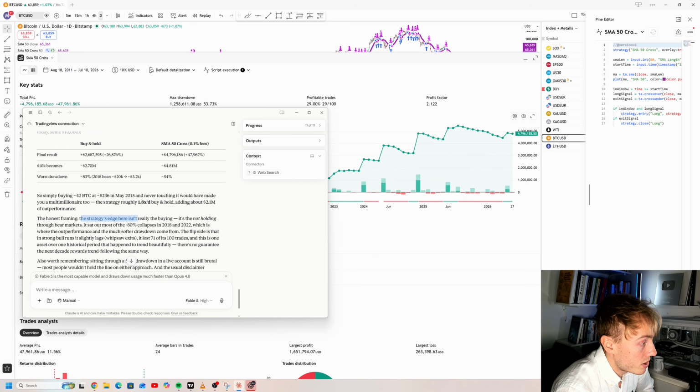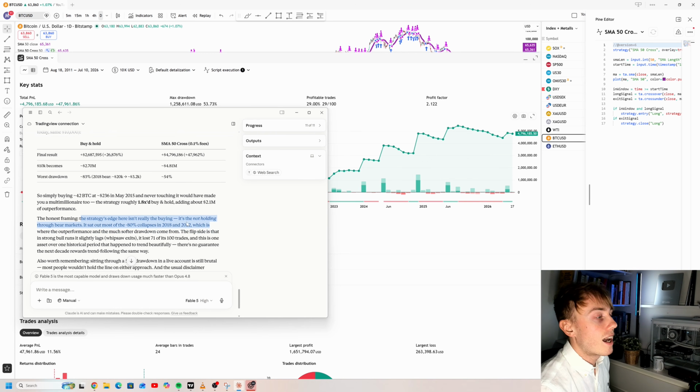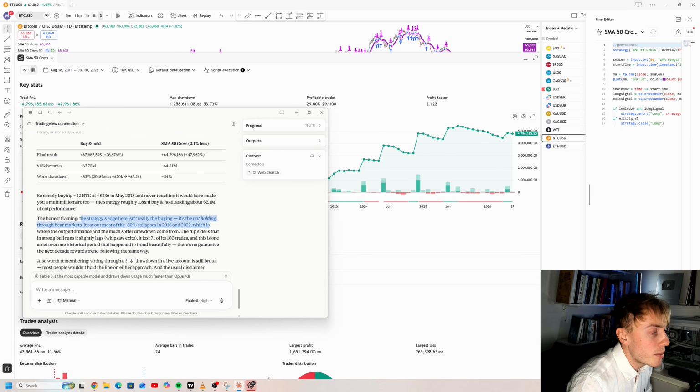But here it also says the strategy's edge isn't really buying, it's not holding through bear markets. And this gives us a little bit of insight into the usefulness of indicators like the SMA. It says the reason the SMA strategy was more profitable was that it made us avoid the very, very bad drawdowns.